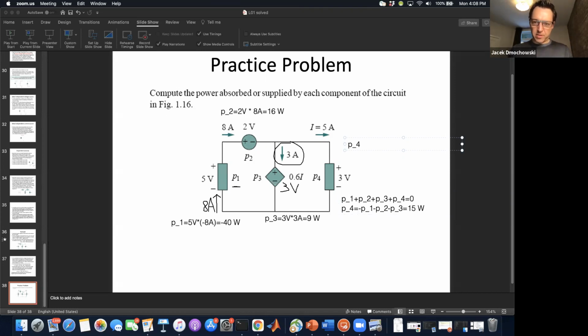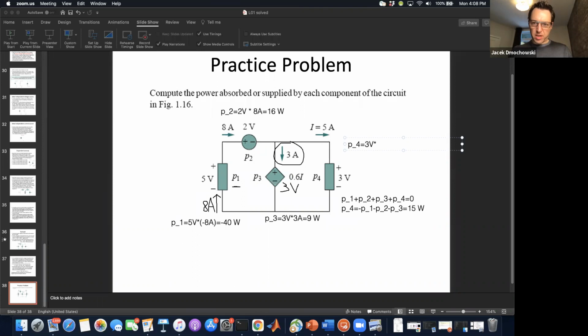And then the second way of solving for P4 is to multiply the voltage by the current, making sure that the sign on the current matches our convention, which is that we indicate the current with a positive sign when the arrowhead is entering the positive terminal.